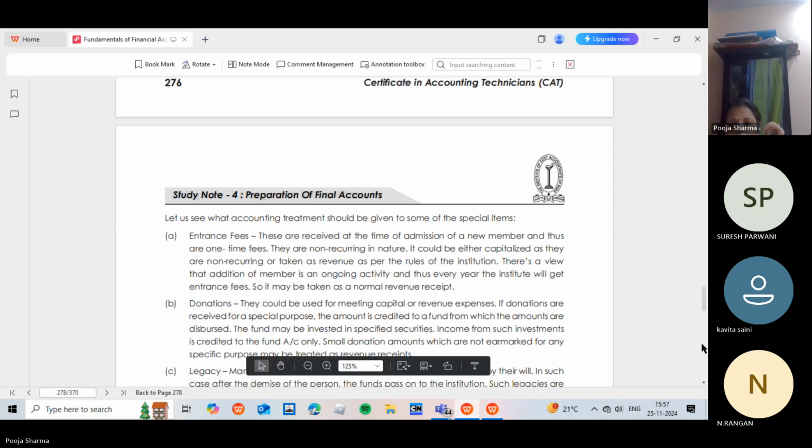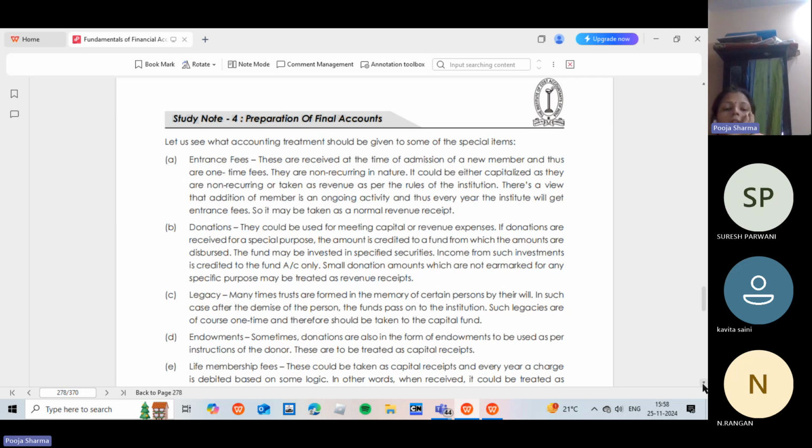Now let's see legacy. Many funds are formed. Legacy is also a kind of charity, but it is related to a deceased person. Many times funds are formed in the memory of a certain person by their will. In such a case, after the demise of the person, when the person dies, the fund passes on to the institution.